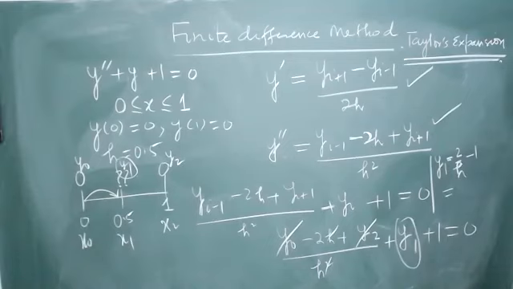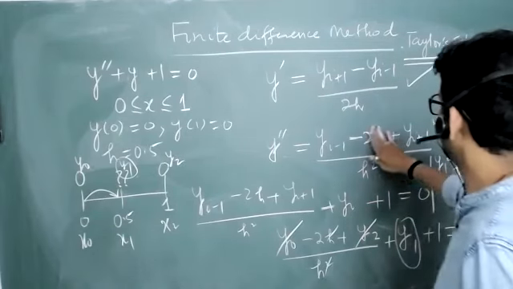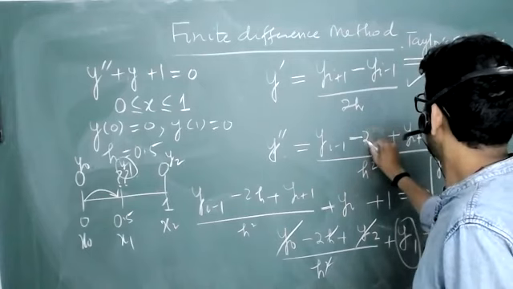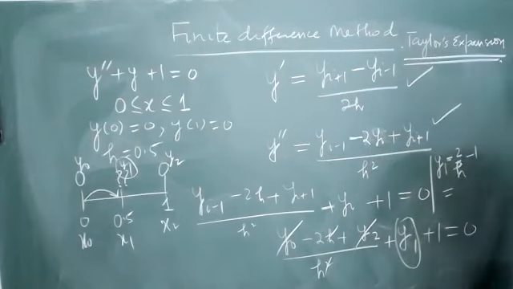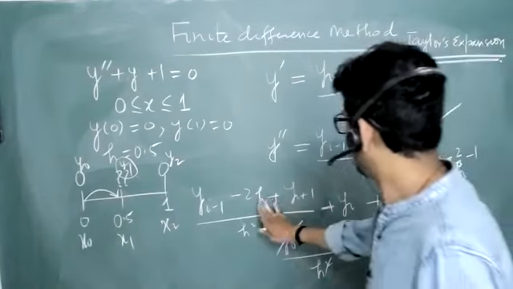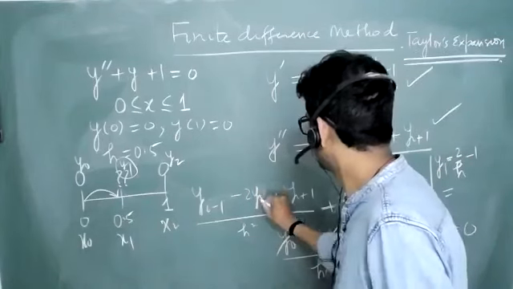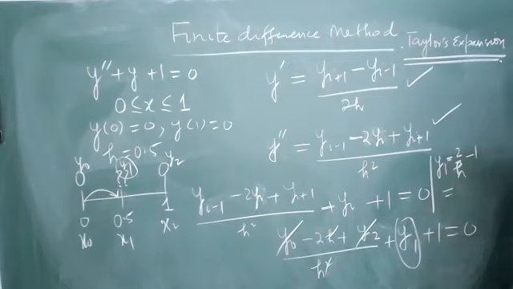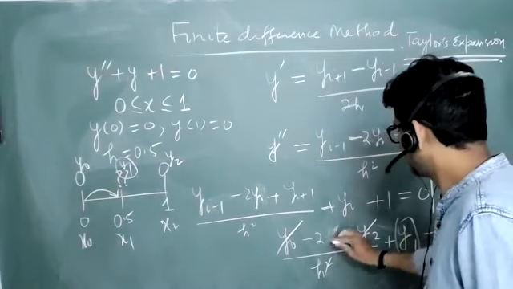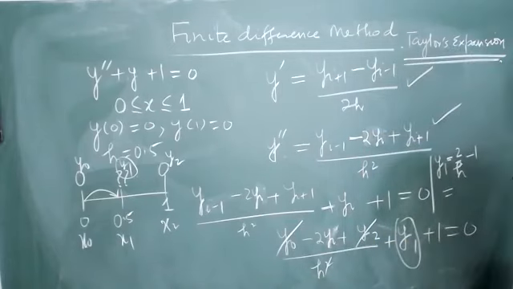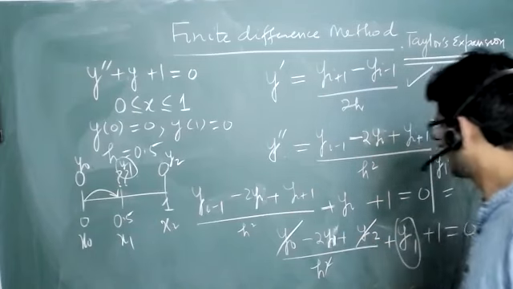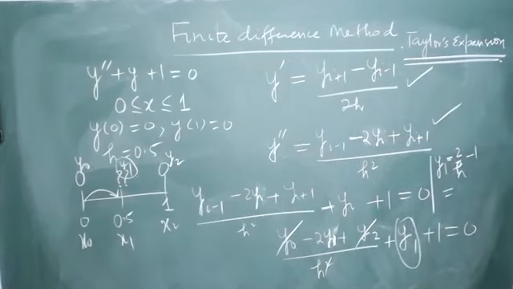Oh, just wait, this is minus 2. I am very sorry, I wrote this by mistake. It is minus 2yi. See, i minus 1, i and i plus 1. Minus 2yi, please correct this in the original equation. So this is minus 2yi, and this will become y1. Right? Yes, sir. Now calculate it.